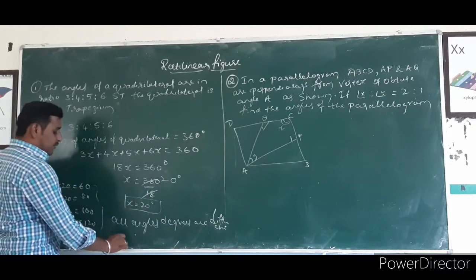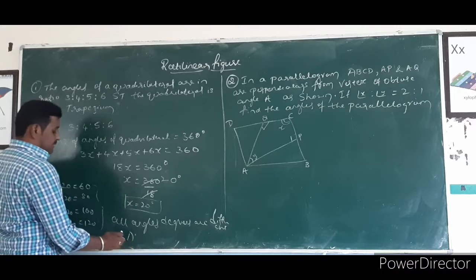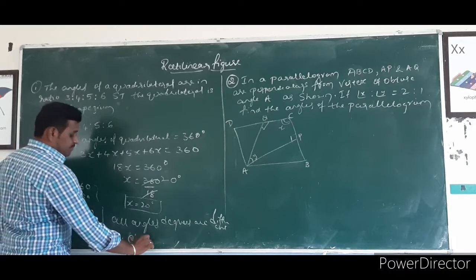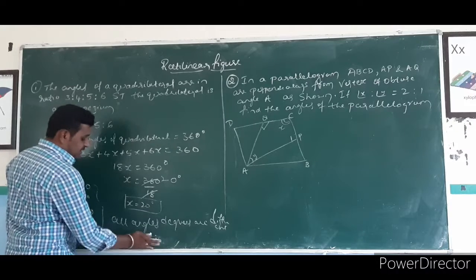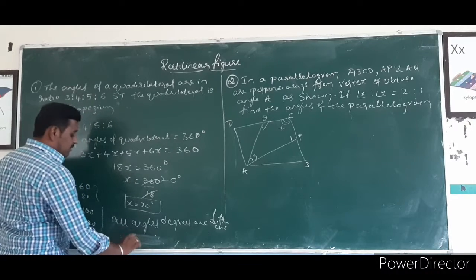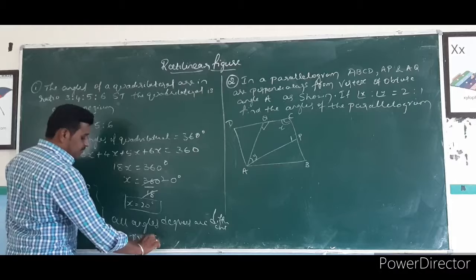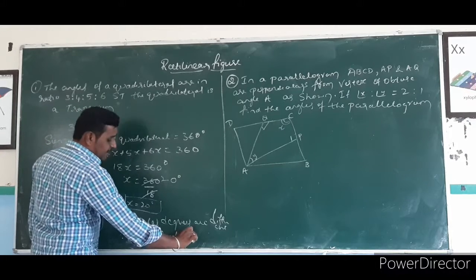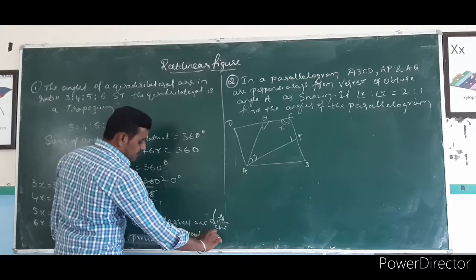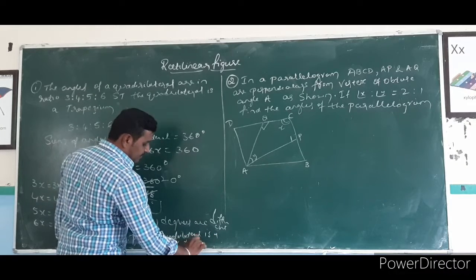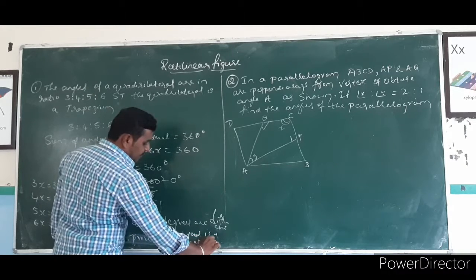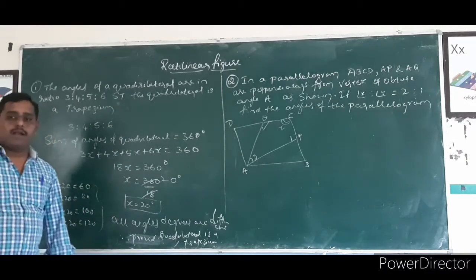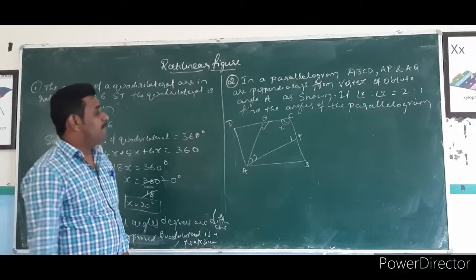So therefore, from what is given, you can easily prove the quadrilateral is a trapezium. If all angles are different, then the quadrilateral is a trapezium.